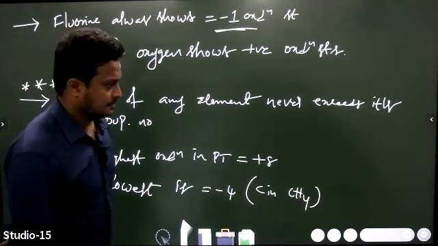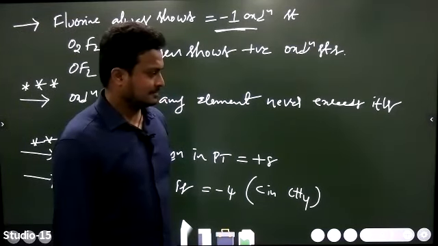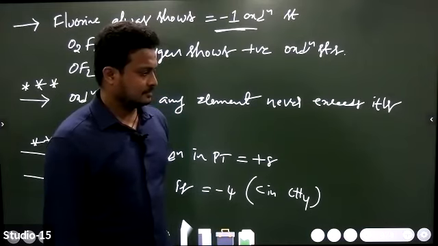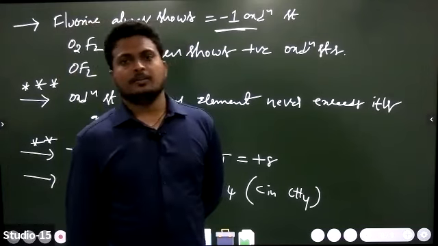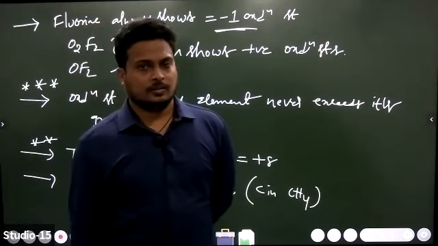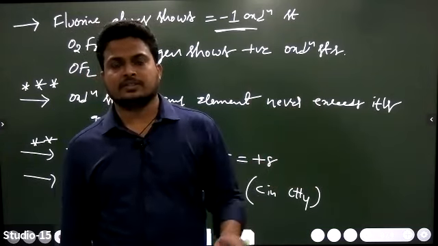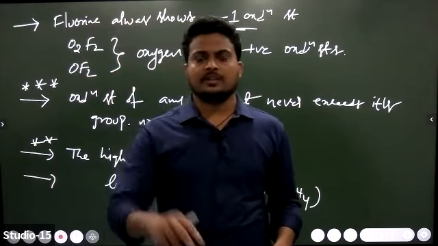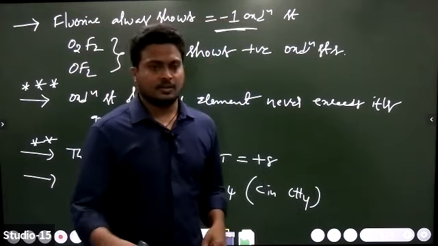Yes, Lahari? Okay. Thank you. We will meet in the next class. Tomorrow we will discuss oxidation states and how to balance redox reactions in two methods. One is the oxidation number method, second one is the ion electron method.